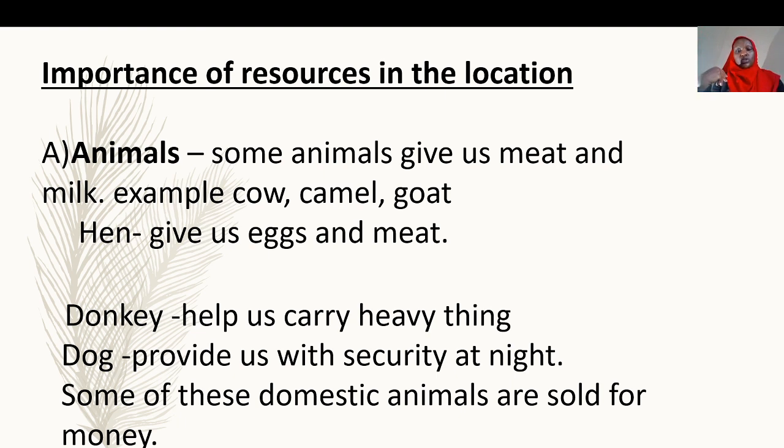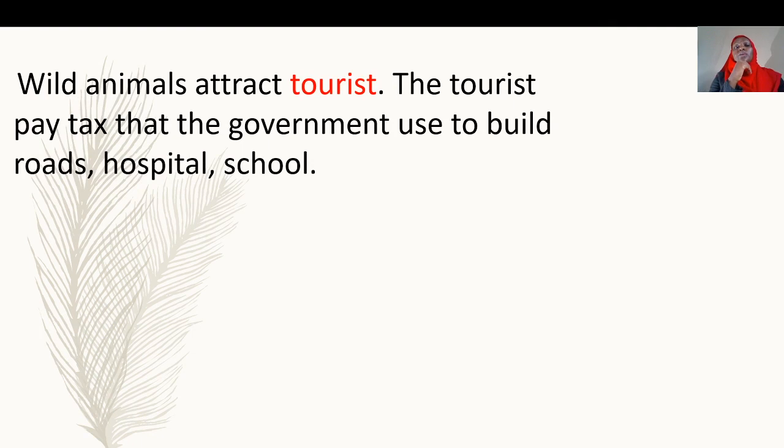He's going to sell one of his domestic animals in the market, then he gets the money. So the domestic animals help us. First, they give us food, and second, others provide us security, that is the dog, and the donkey helps us to carry heavy things.